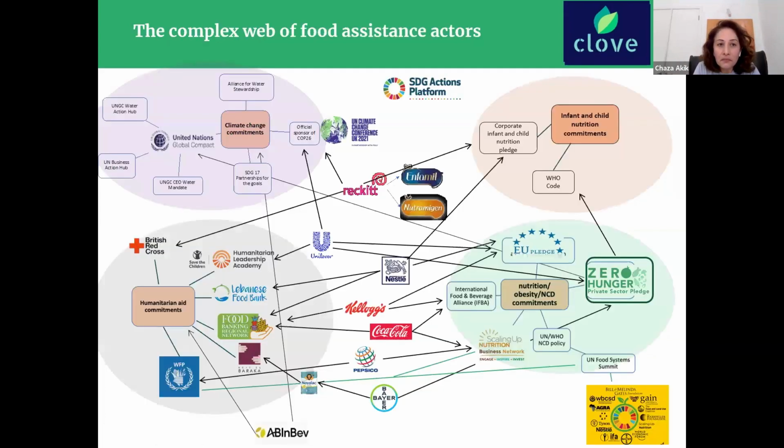Next, please. And so this is the next slide, yes, this one, which shows the complex web of food assistance actors. We have put this together based on previous knowledge of the food system, but also adapted to the Lebanese context, using both the documentary analysis and the stakeholder interviews that we have conducted.